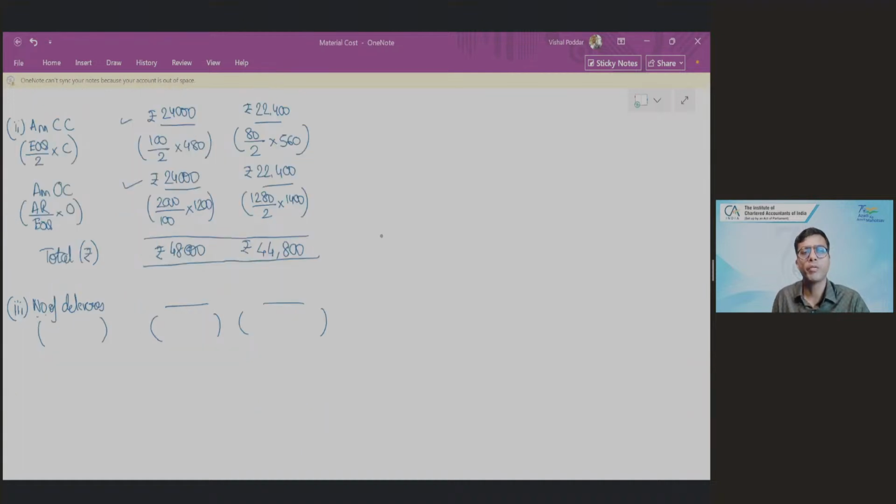Now, what is number of deliveries? See, this is the trick in the questions in your exams. They may ask you the same question with different terminology. Number of delivery means number of times the material will be delivered to you. That is number of deliveries, which is equal to number of times you will place order.